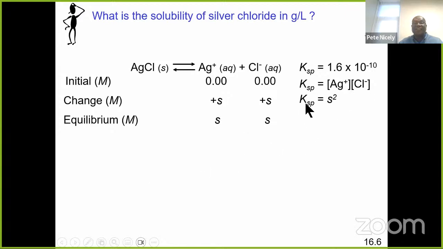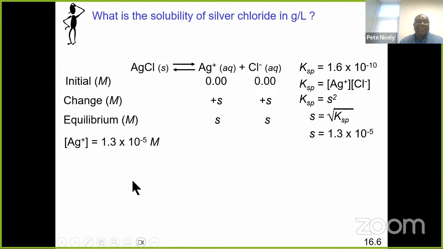And what do we get? Ksp is equal to S squared. So therefore, we can determine S, which is equal to the square root of Ksp. And then we put the numbers in, and we end up with S equals 1.3 times 10 to the minus 5. Now remember, this here is the molar solubility. The question is asking for the solubility in grams per liter, right?